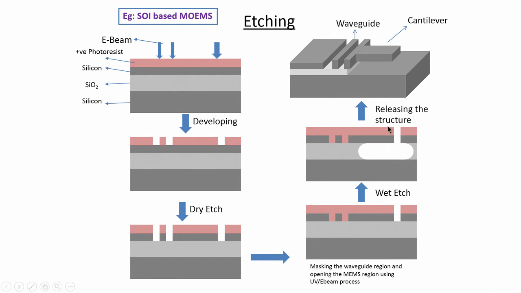Here we are observing a cantilever beam being released at this point. Of course, by using another etching process you can etch out the top photoresist layer, resulting in the given structure. So, this is the process. In this illustration we are showing a process where you make ridge optical waveguides on silicon along with a cantilever beam.